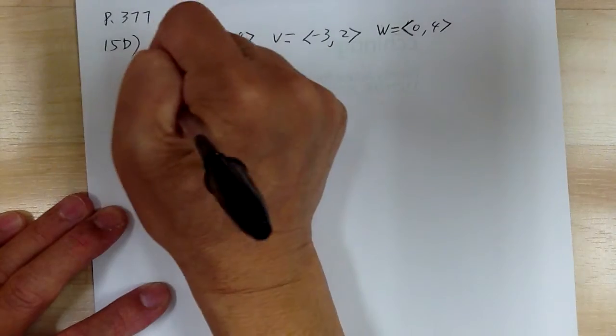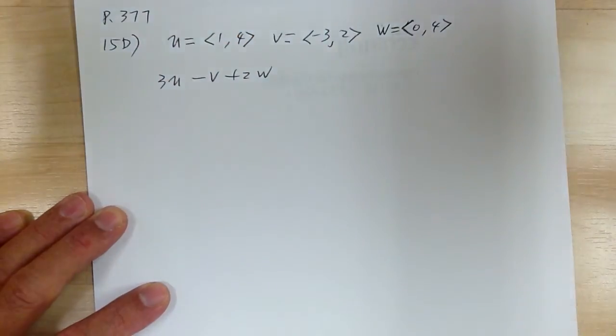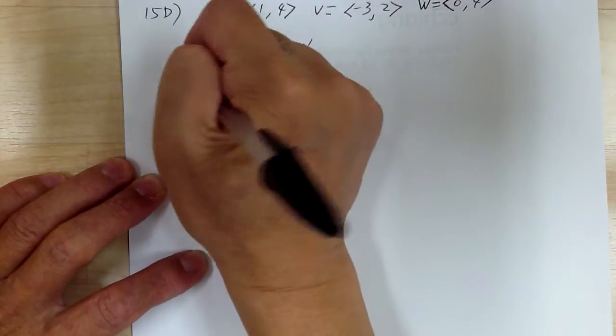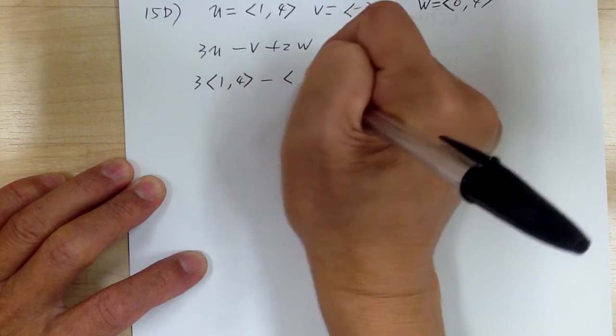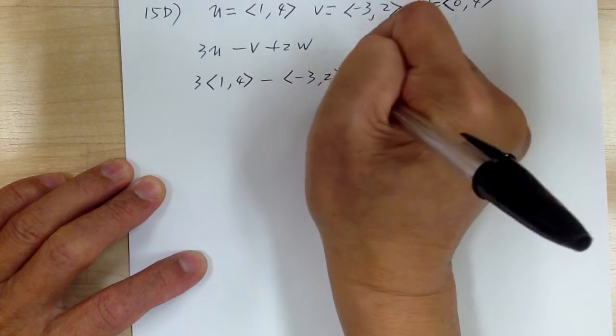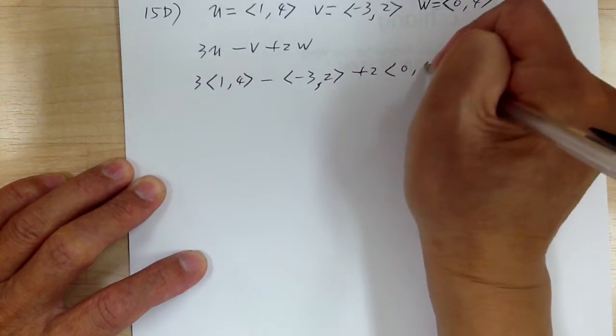You're looking for 3U minus V plus 2W. Go ahead and substitute: 3 times (1, 4) minus V, which is (-3, 2), plus 2 times vector (0, 4).